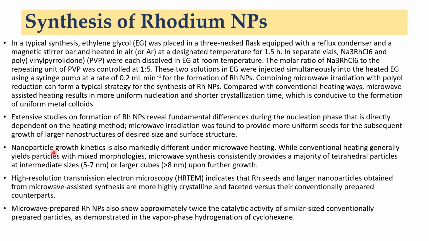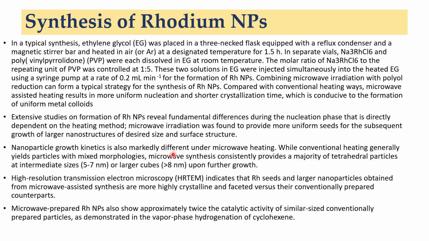The nanoparticle growth kinetics is also markedly different under microwave heating. While conventional heating yields particles with a mixed morphology, microwave synthesis consistently provides a majority of tetrahedral particles at intermediate size between 5 to 7 nanometers, or larger cubes more than 8 nanometers upon further growth.